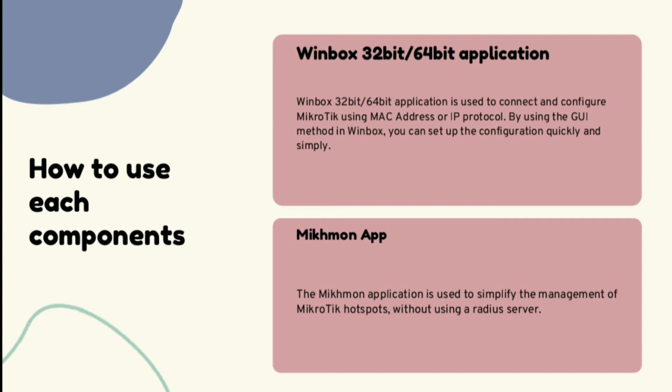By using the GUI method in Winbox, you can set up the configuration quickly and simply. Micmon application. The Micmon application is used to simplify the management of Mikrotik hotspots without using a radius server.